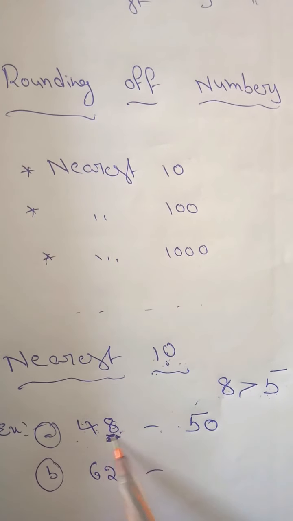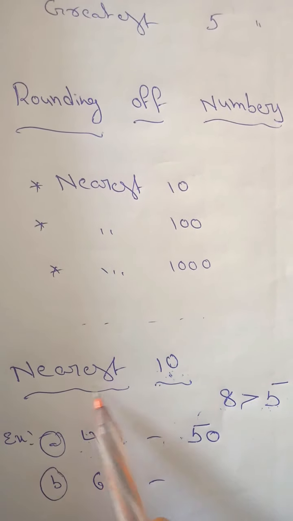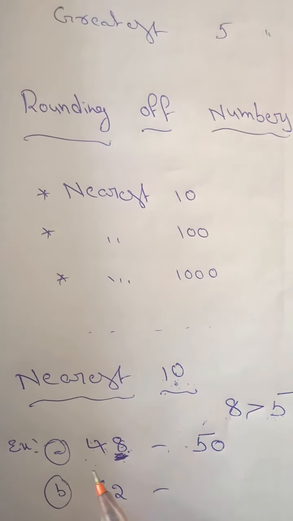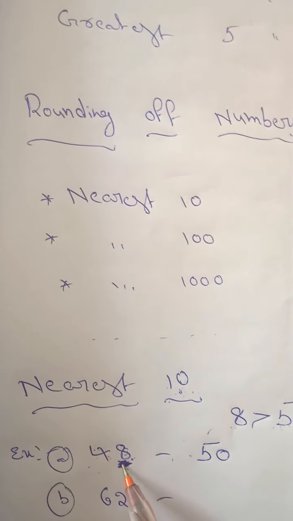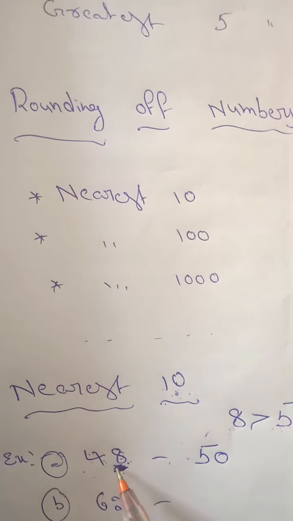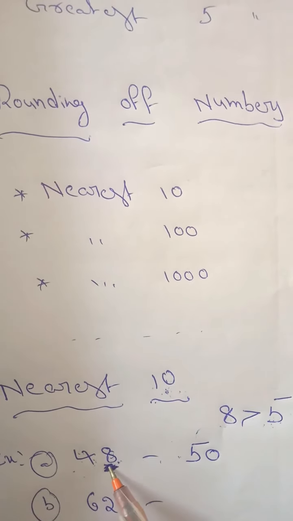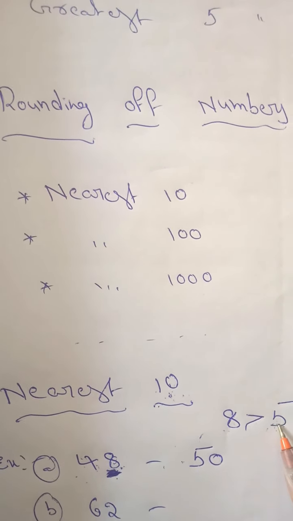Once again I am explaining: for nearest to 10, in 10 how many zeros are there? One 0. So in the given number only the ones place digit is compared with 5. 8 is greater than 5.